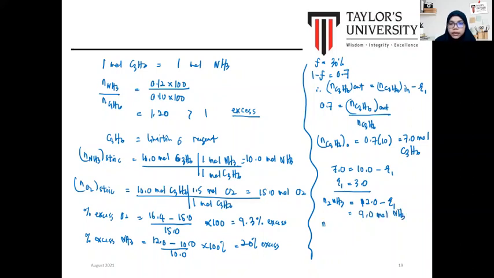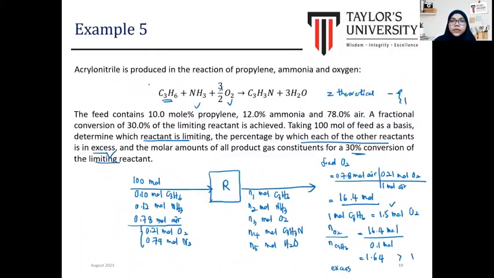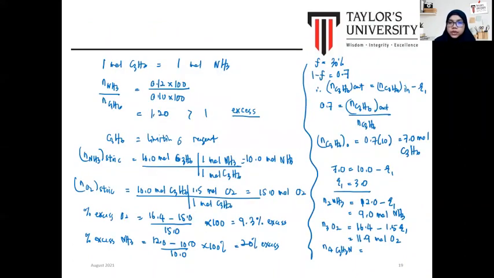How about N3, O2? It equals 16.4 minus 1.5 times 3. Just insert this value. We can get the value of 11.9 mole O2. How about the next, N4, C3H3N? For this, there is no reactant here, so it is only a product, so the value is positive.